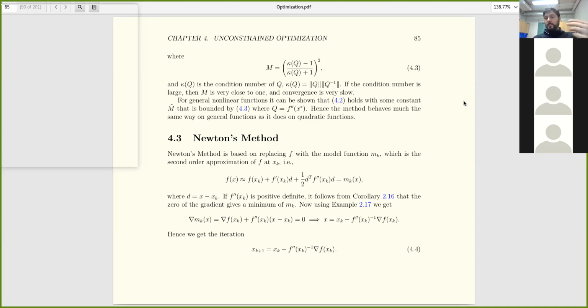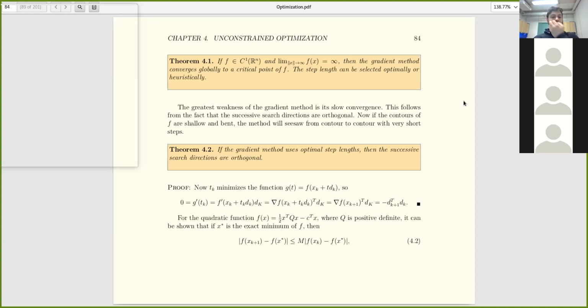So even in the simple cases, the gradient method, when you have the optimal step length and so forth, is not actually a very good idea, not necessarily.